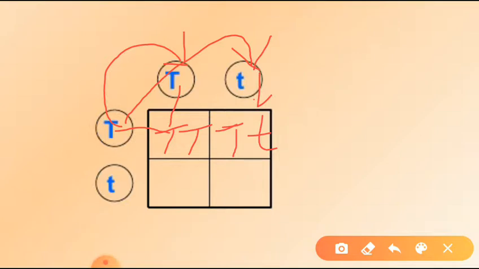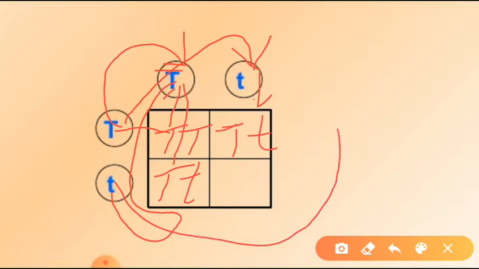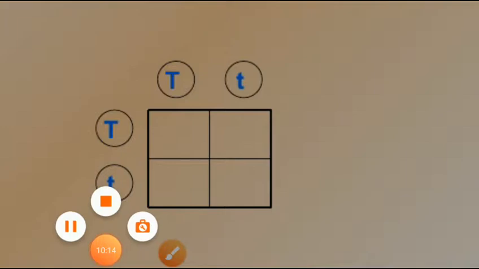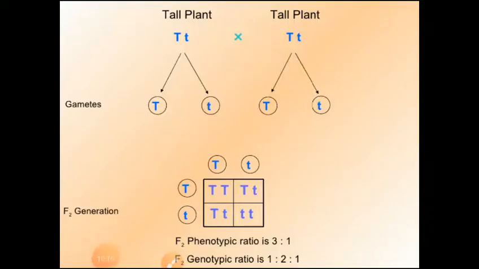Then take the next small t and cross with this capital T and write the result in the third subsquare: capital T and small t. Again take this small t and cross with this small t and write their result in this fourth subsquare. Is it clear? Okay, that cross is completed.